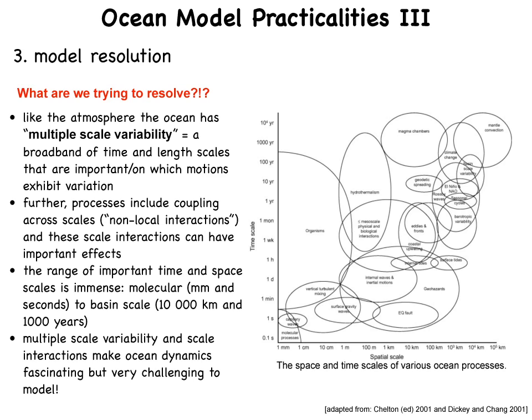And a little side note here, the ocean, like Steve talked about for the atmosphere, has this wonderful but challenging property of what we call multiple scale variability. What that means is that in ocean and atmospheric motions, there's not one dominant time scale or one dominant length scale. Instead, we have this broad band of time and length scales on which there's energy in the motions and on which the motions are varying.